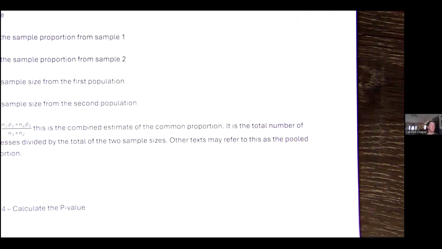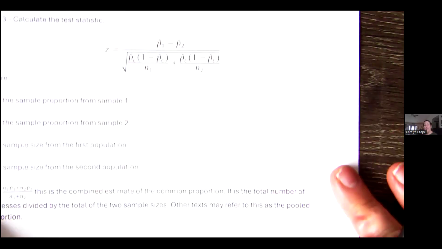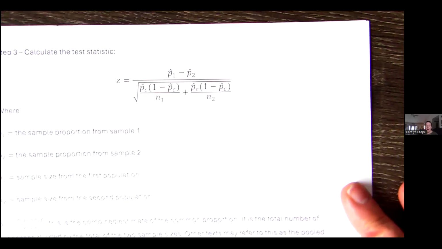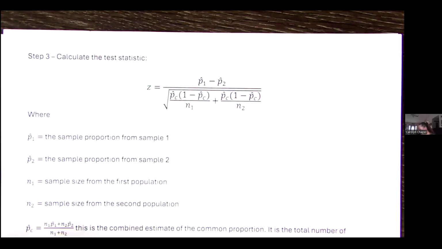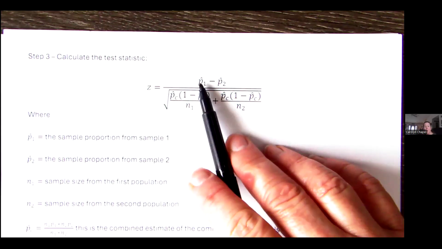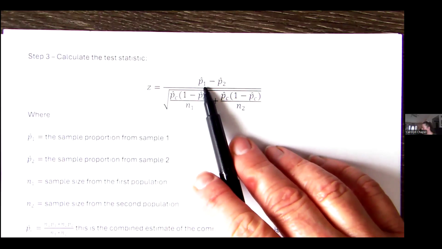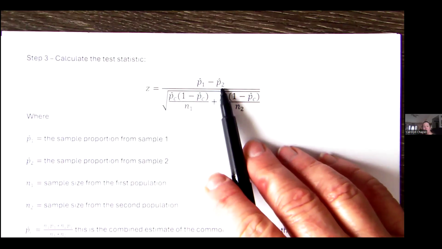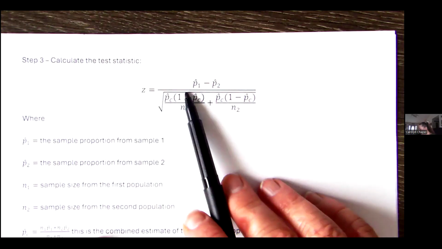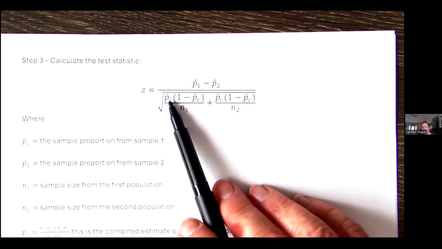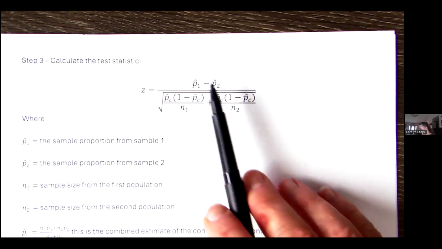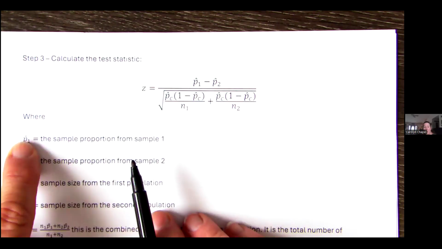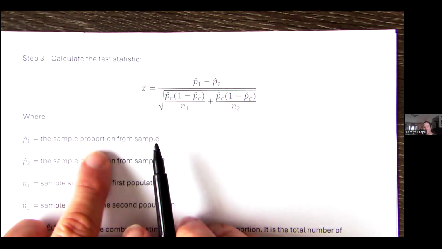Okay. So now our test statistic, if we were actually going to calculate it by hand, which I am not, but I will find all of the pieces. We would take our P hat 1 minus our P hat 2, and divide it by the square root of this P hat C, 1 minus P hat C, and so forth. Now, P hat 1 is the sample proportion for sample 1.